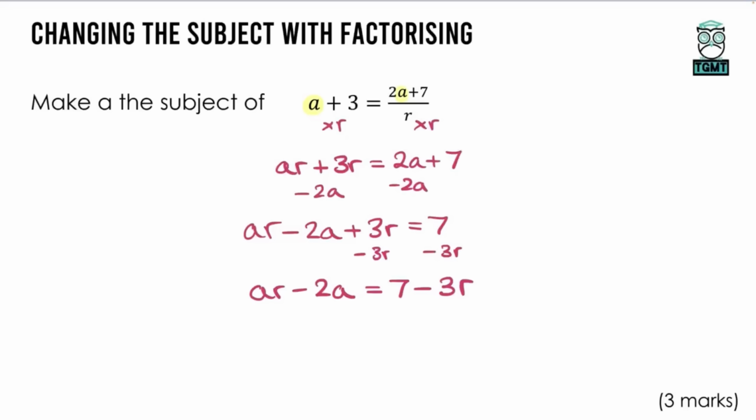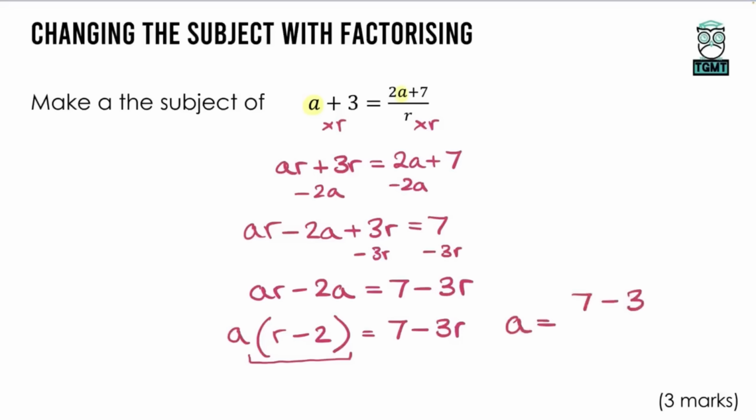Now at this point we can factorise the left. We can factorise the a out of the bracket, which will leave us with r minus 2 inside the bracket, and then we have that is equal to 7 minus 3r. At this point the final step is to divide by this bracket. That's going to isolate the a and leave it as a equals, and as we are dividing by that whole bracket, we need to create a fraction.